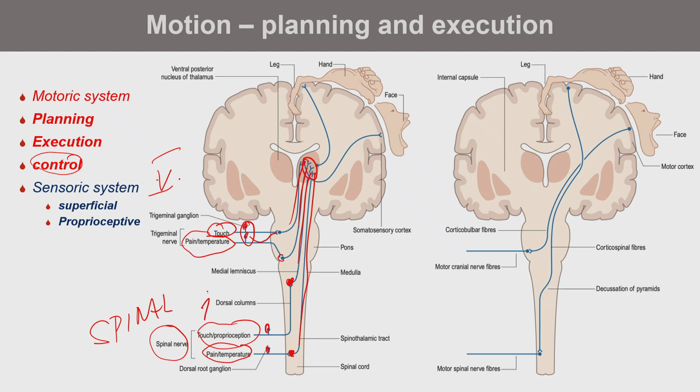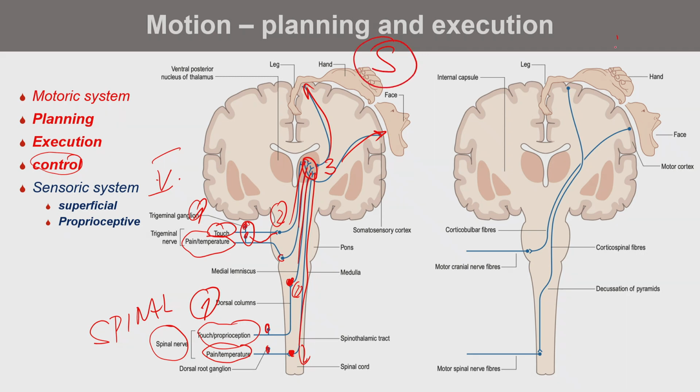So here we have the first neuron, here is the second, and everything has the third neuron in the thalamus, and then this is projected according to the projection. So this is the sensory part.